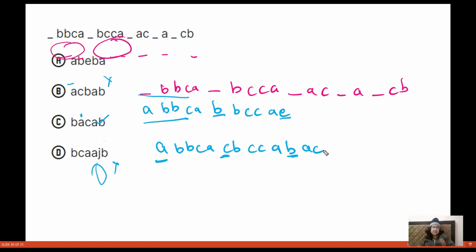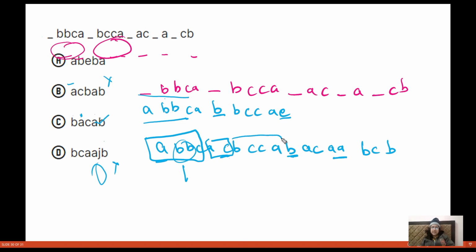Then I have this AC, fine for me. Then I have C double A. Then this one I am filling B C B. So what I am getting is A double B C, and then AC, because we are eliminating this B from in between.